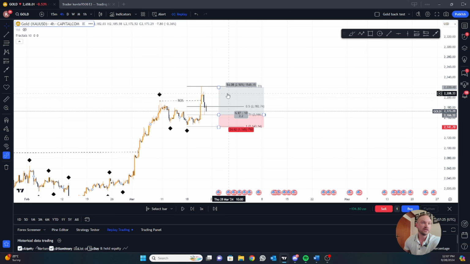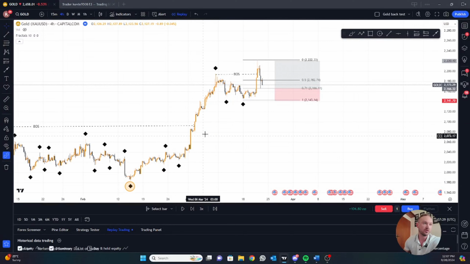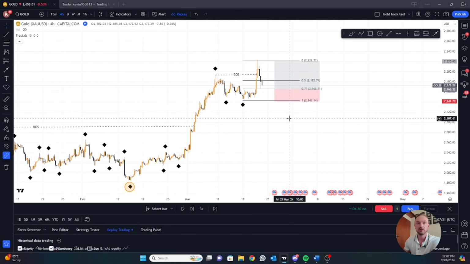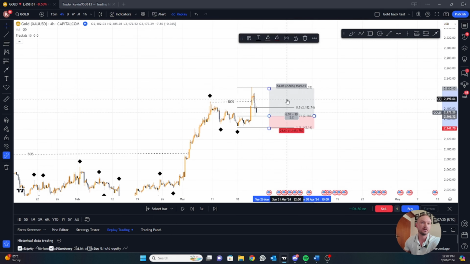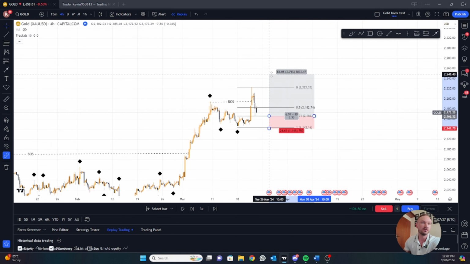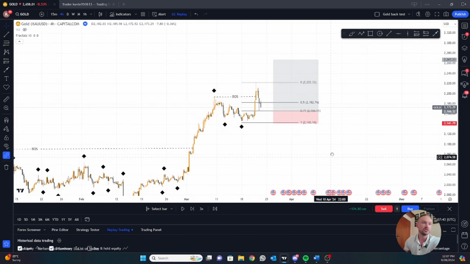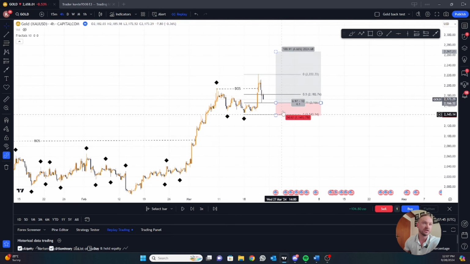Okay, so this is quite a small range to be trading, and we have been pushing up with a lot of momentum. So I would at least consider 2 to 3 risk to reward, yeah? Or we can even go for a 4 because of all this momentum that has been pushing up.